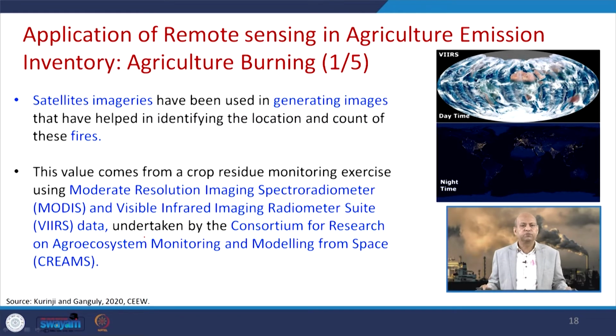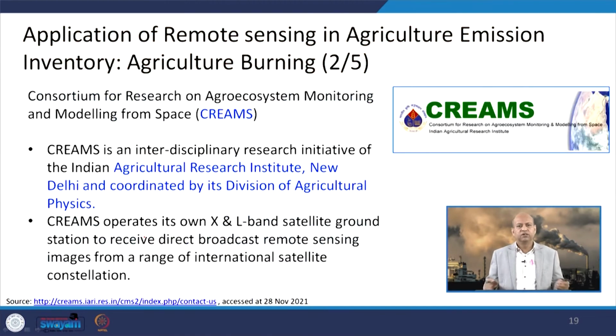This is known as CREAMS. So that way, it is a well established, well managed program through this CREAMS consortium.